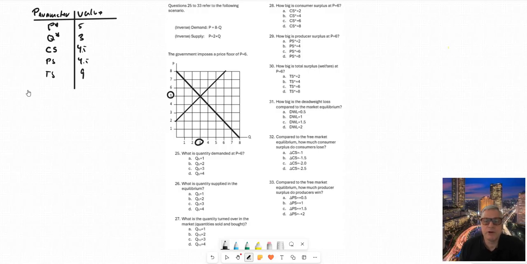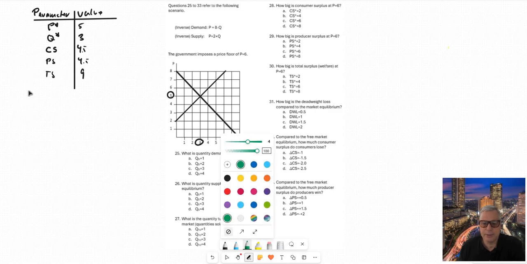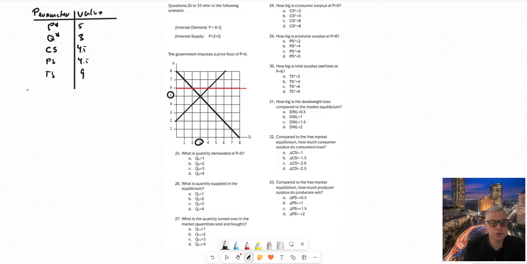Okay, but now what we have is a price floor of 6. So the government sets the price. Now we have to do our welfare analysis for this one. So again, the parameters that we examine.